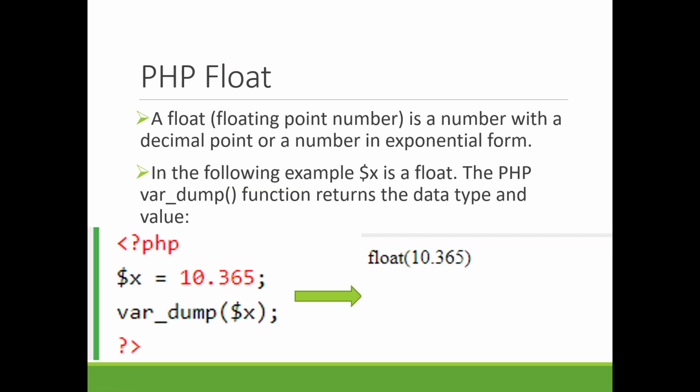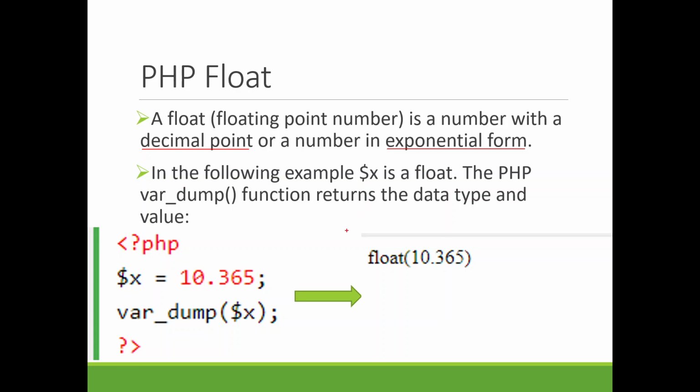Then you have floating point numbers. Floating point numbers are numbers that have a decimal point, or a number in exponential form. I can't remember the meaning of that in maths.